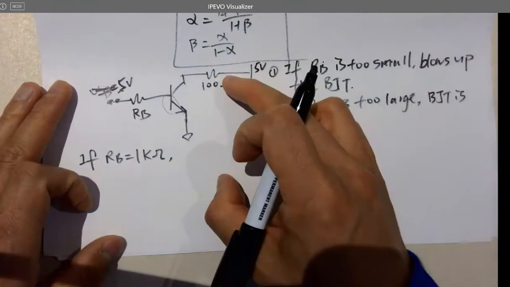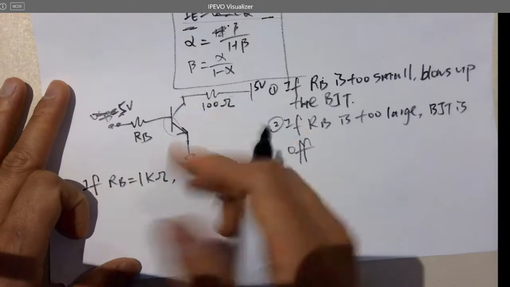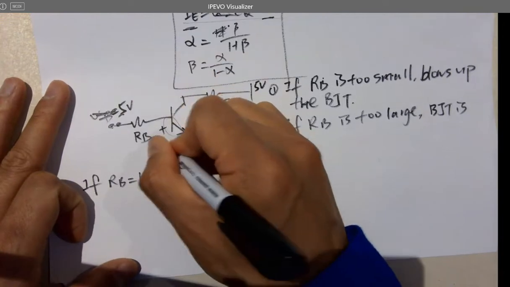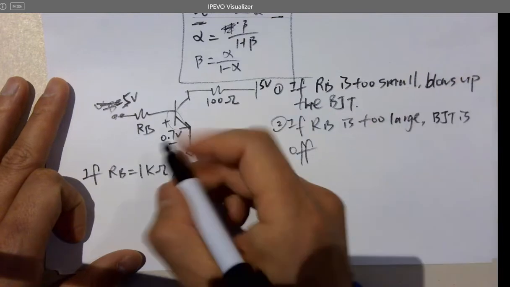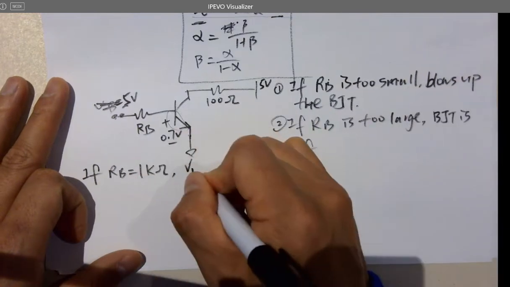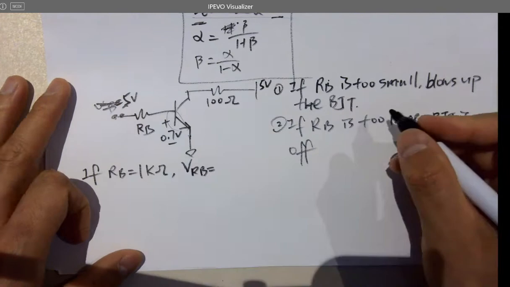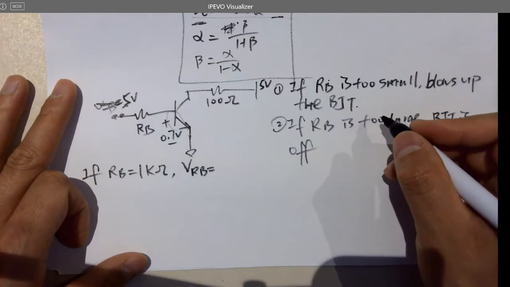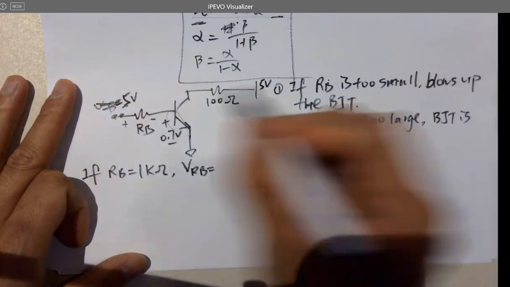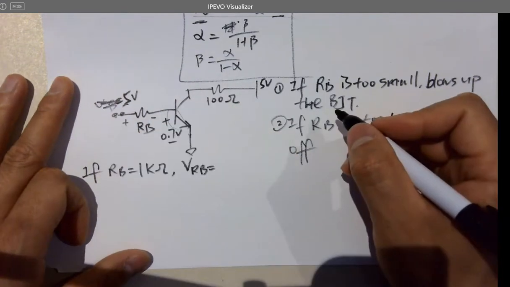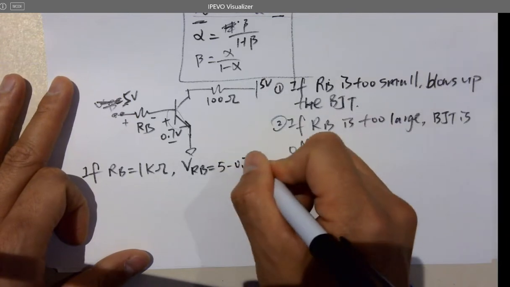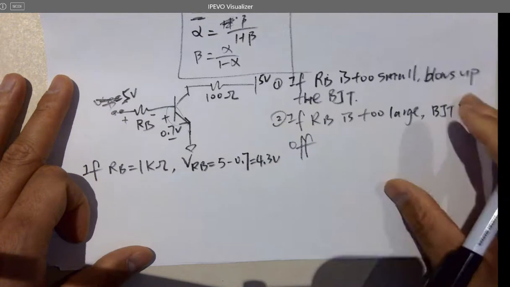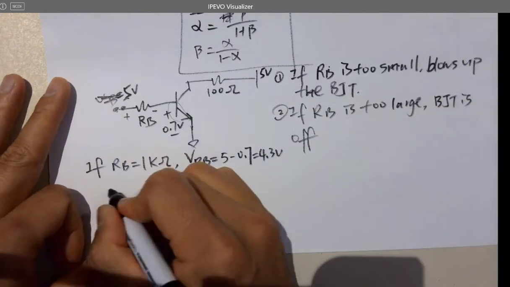since we are doing DC analysis, there's no AC signal, so we can assume the base voltage here is very close to 0.7 volts. And the voltage across RB is VRB. And what is that? That's VRB equals 4.3 volts.